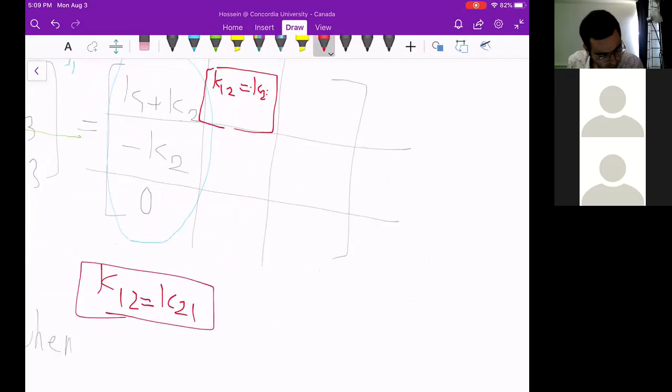So you can easily just say minus K2 here. I just erase here in order to prevent it from becoming very crowded. So minus K2 here.